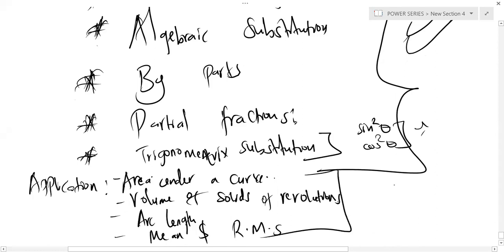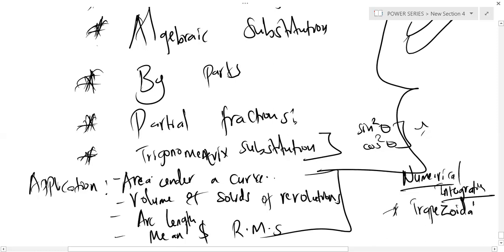Then under numerical integration, please recall how to go about the trapezoidal rule, and also how to go about Simpson's rule. That is it. That's all you need.